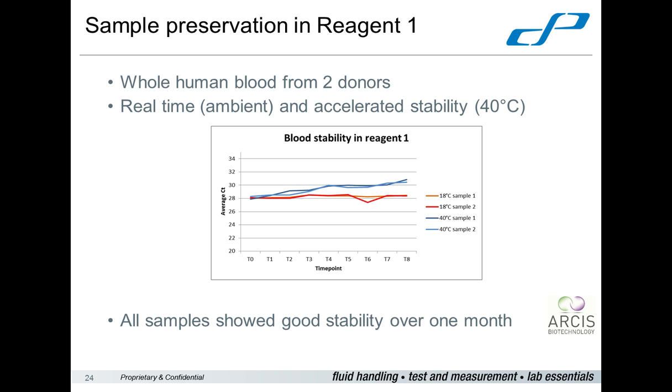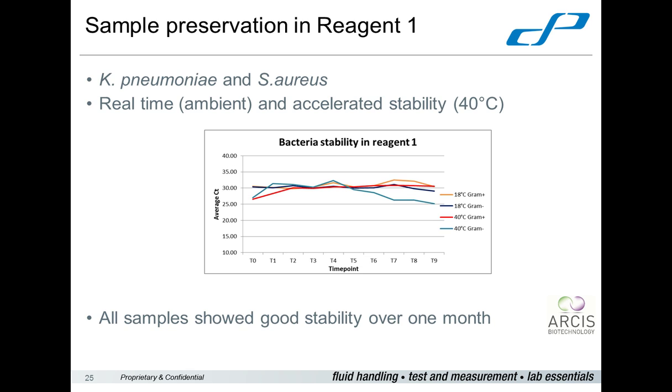So we're seeing some degradation in this experiment. I mean, there are error bars on all of these time points, by the way, these averages. But I think we can safely say that compared to an unprotected sample, we are seeing really, really strong preservation of the nucleic acid populations in these samples. So that was whole human blood.